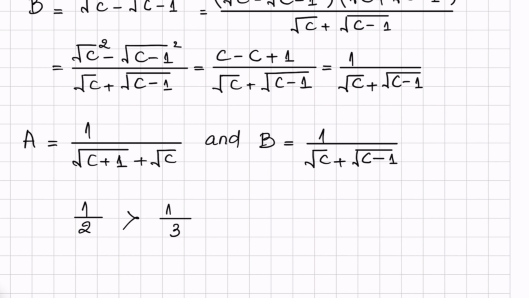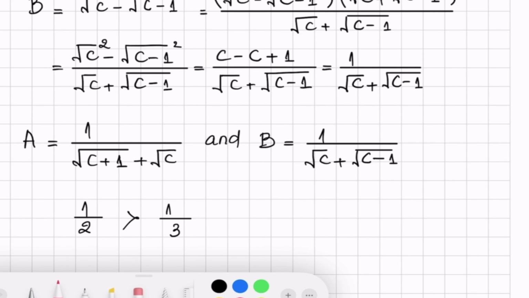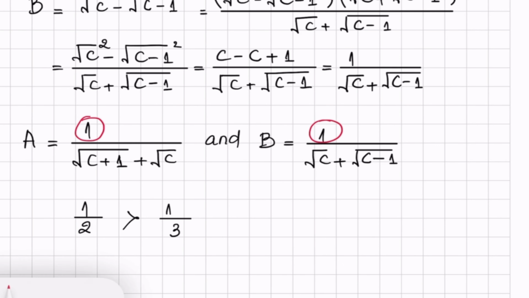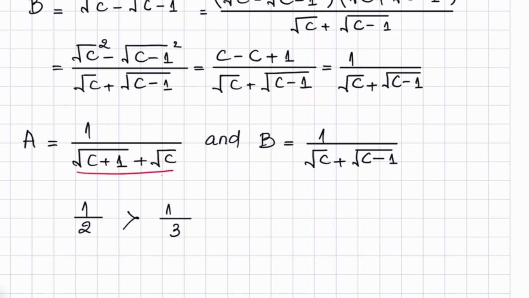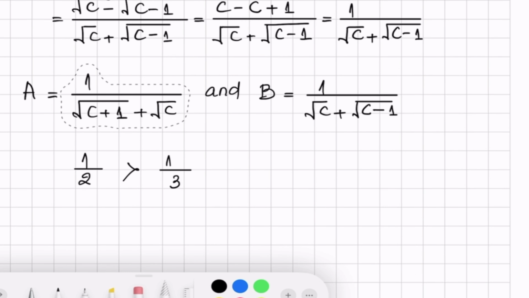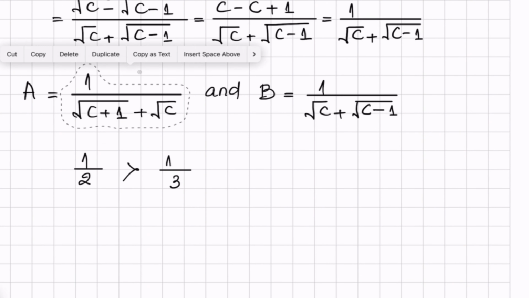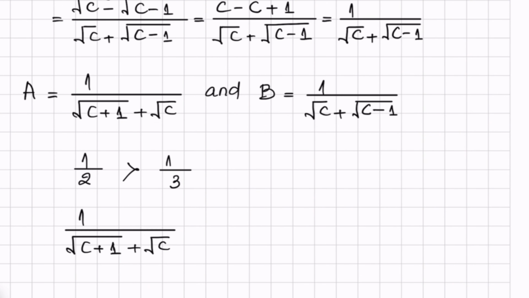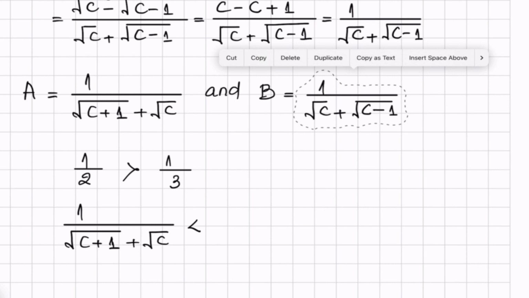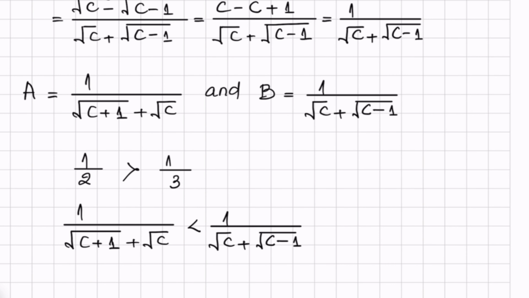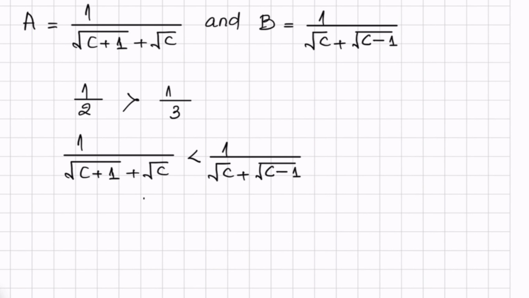We have the same numerator, but the denominator here is greater than this one, so this fraction is smaller than that fraction. So that means a is less than b.